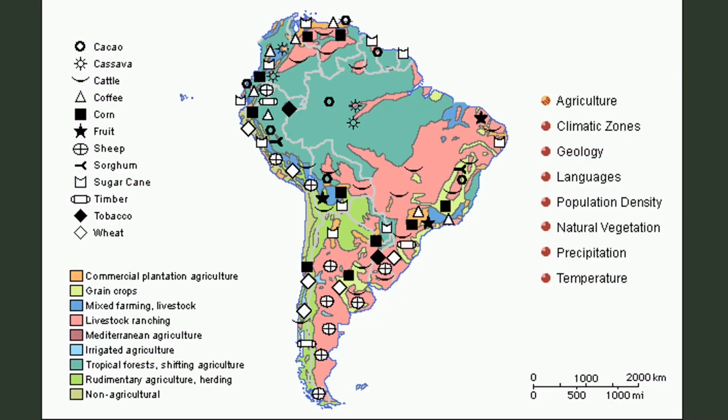So now we're going to discuss the economy of South America. And this is the map of their natural resources, specifically in their agriculture. So if you see here, in this part are Guyana, Suriname, and French Guiana, and you can see here that they grow crops.